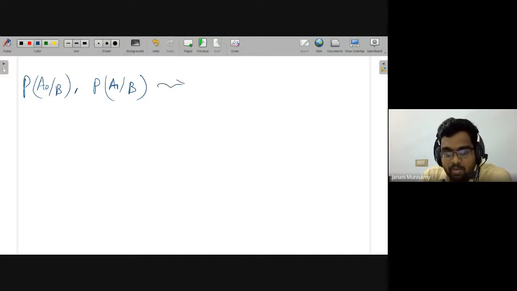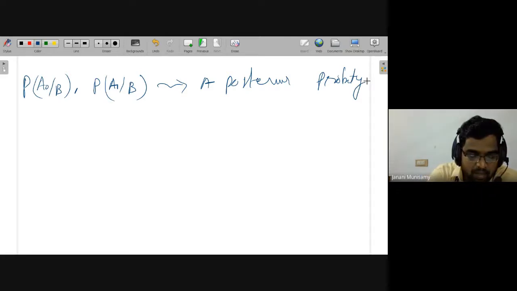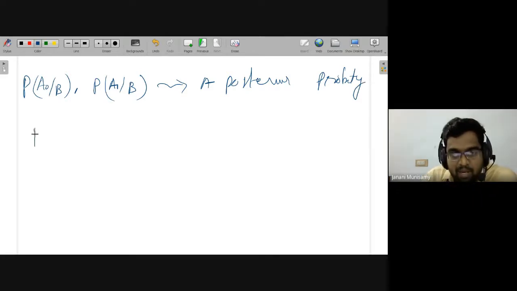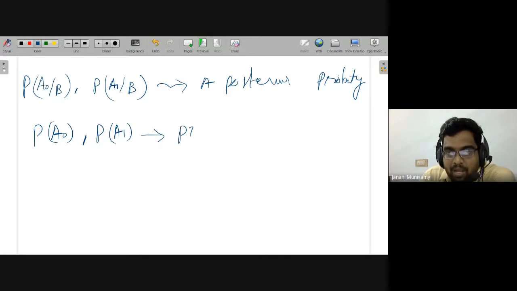So these two probabilities are called a posteriori probabilities. And the probability of occurrence of symbol 0 or symbol 1 is called prior probabilities.